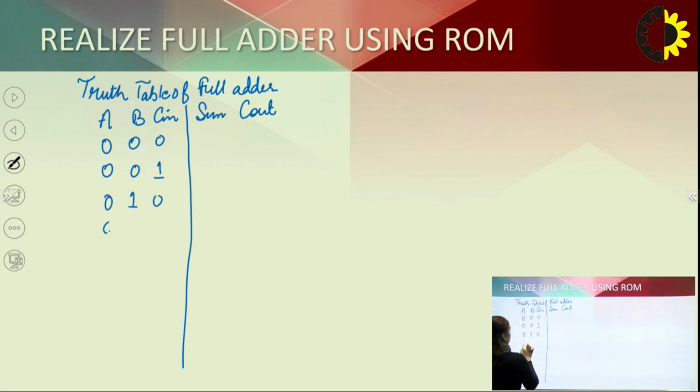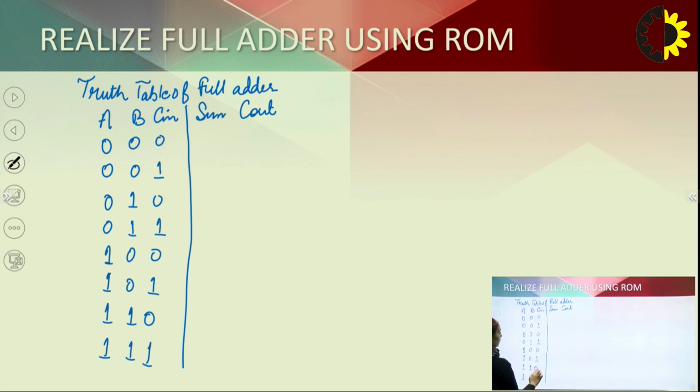So we have 0 0 0, 0 0 1, 0 1 0, 0 1 1, 1 0 0, 1 0 1, 1 1 0, 1 1 1, that is 0, 1, 2, 3, 4, 5, 6, 7.